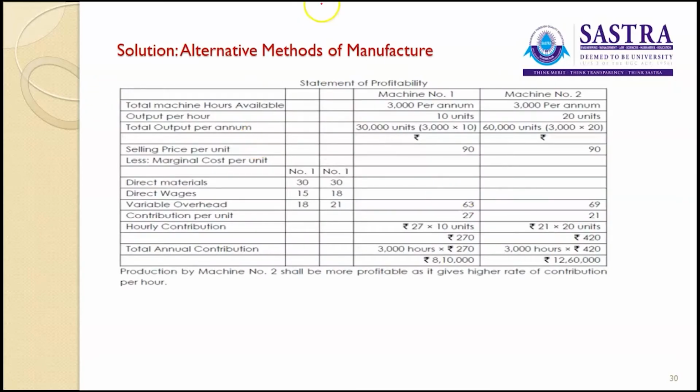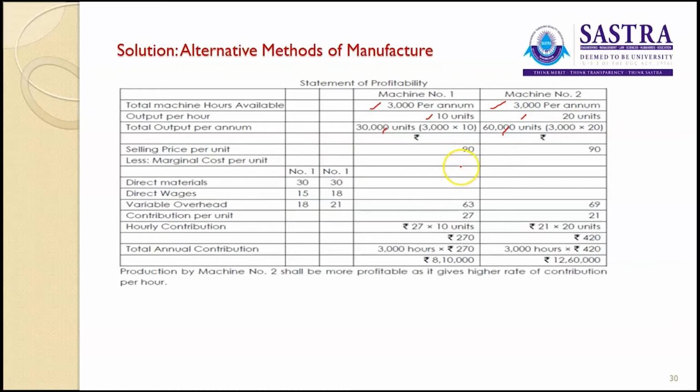In the statement of profitability, if 10 units are for 1 hour, then for 3,000 hours we get 30,000 units. For machine 2, 20 units into 3,000 gives 60,000 units.